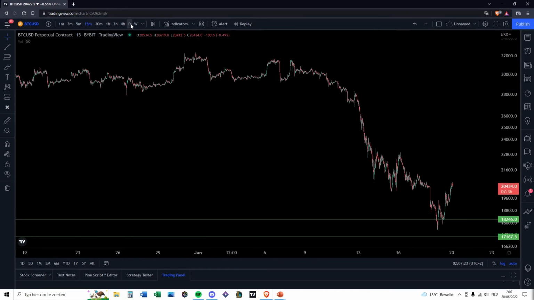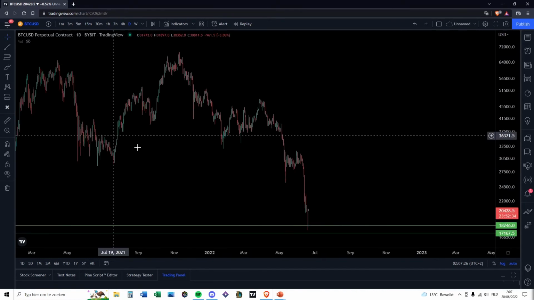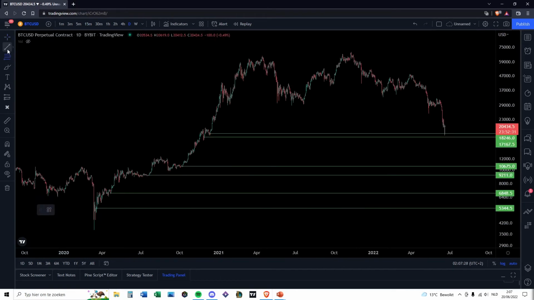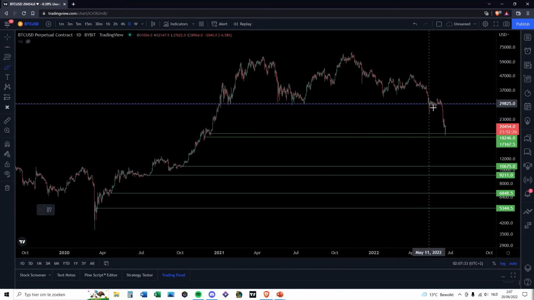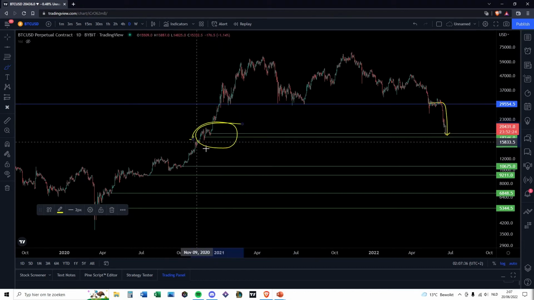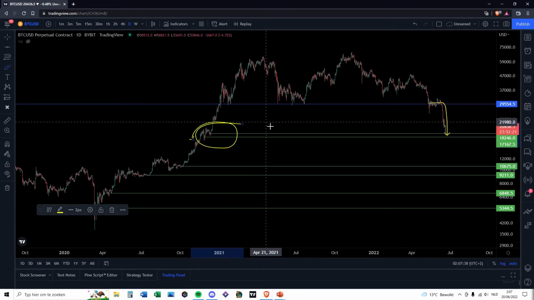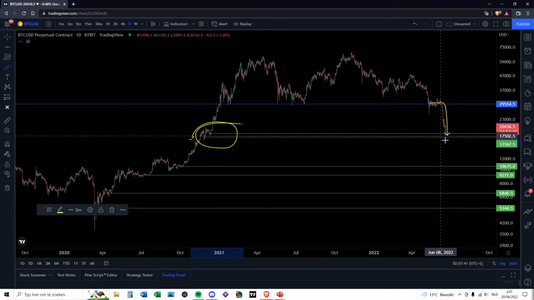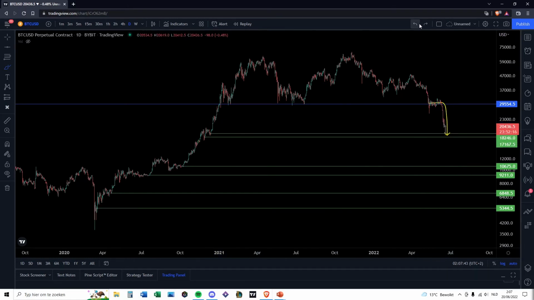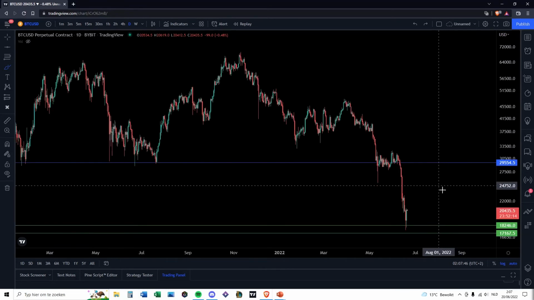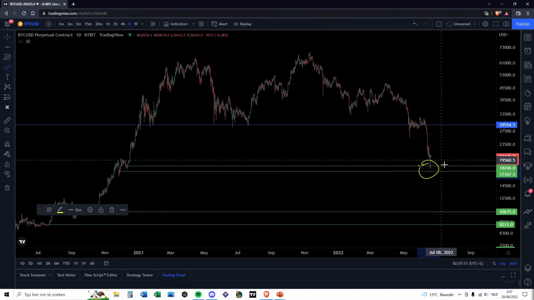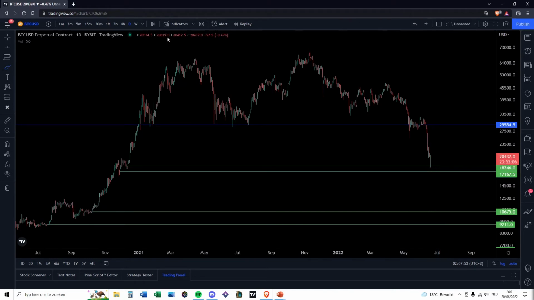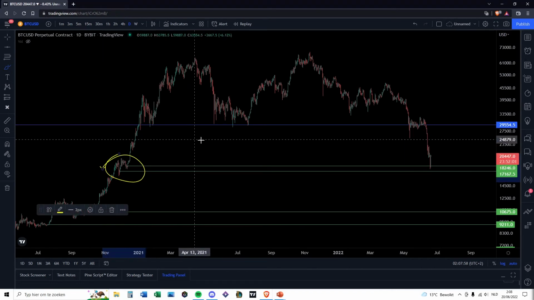For Bitcoin, you can see on the high time frame, you lost the big structure, like this one, and now we're going down. We will probably have a little support around here, as I said in my previous video. If you would use an entry here, it would probably have been a swing trade. How you can do it as well is you have this bigger time frame.